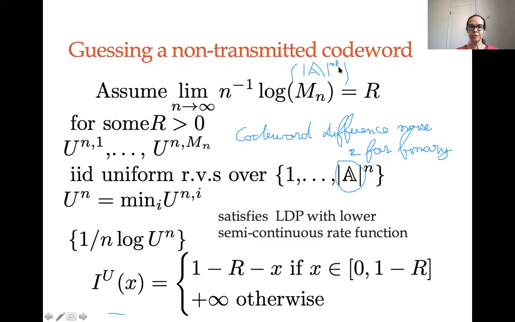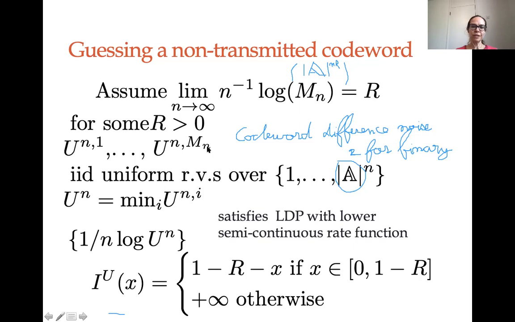In the earlier example, this cardinality of A just happened to be 2, because we were looking at binary. So log of mn, which is the number of actual messages of n symbols from the alphabet A, is R. It's just like the R that we saw before. So this is indeed the definition of our rate.